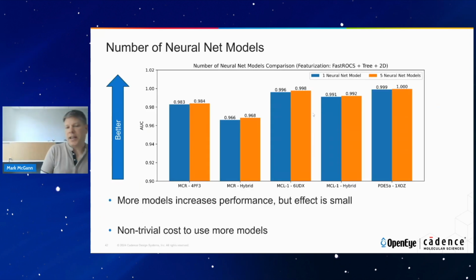We did investigate using multiple neural net models. So we built up to 5 different models, and we tried to choose the best, the one that seemed to fit the data the best. And what we found here is that all the models that we built seem to perform about exactly the same. I think these models are actually really well optimized now.